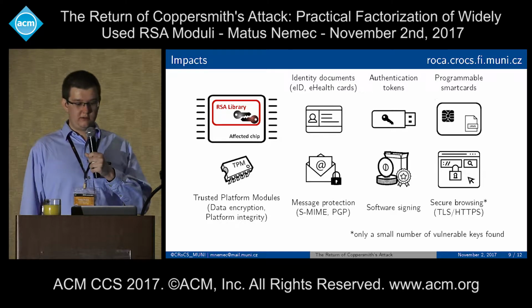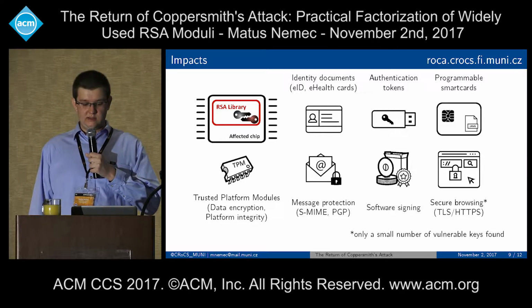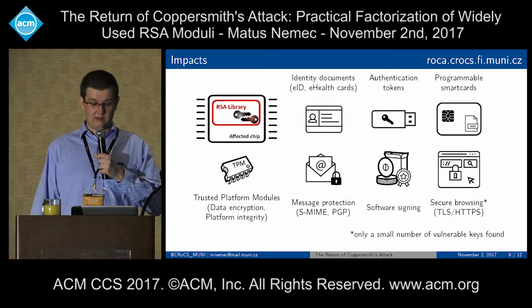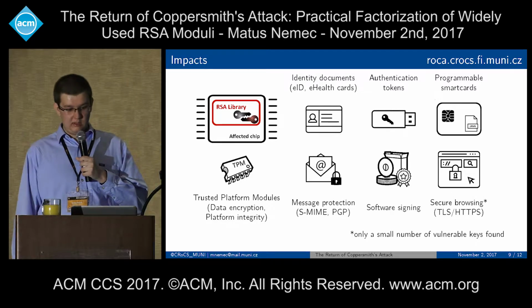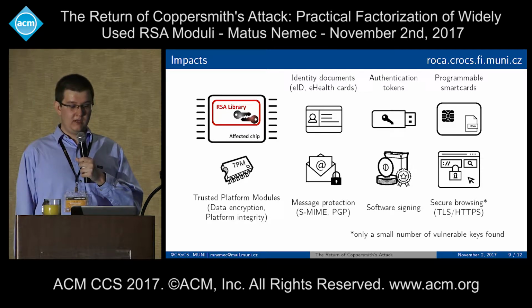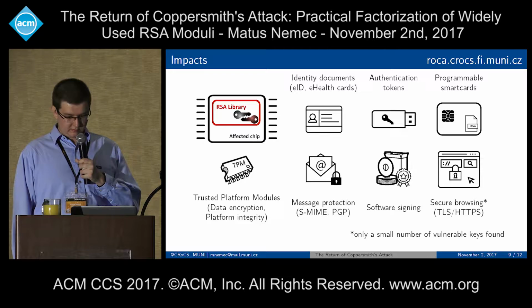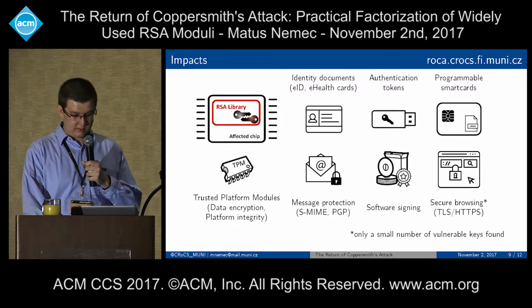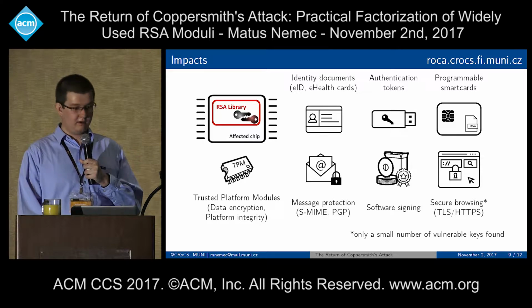This is a large issue for identity documents, such as EIDs and e-health cards. These were issued to citizens in Estonia, Slovakia, and Spain. And Slovakia is already revoking the certificates of these keys.